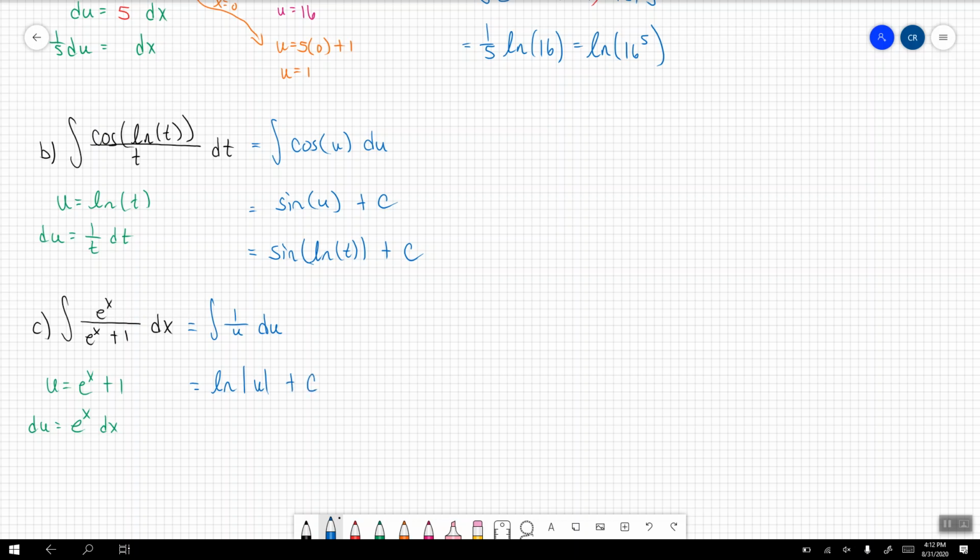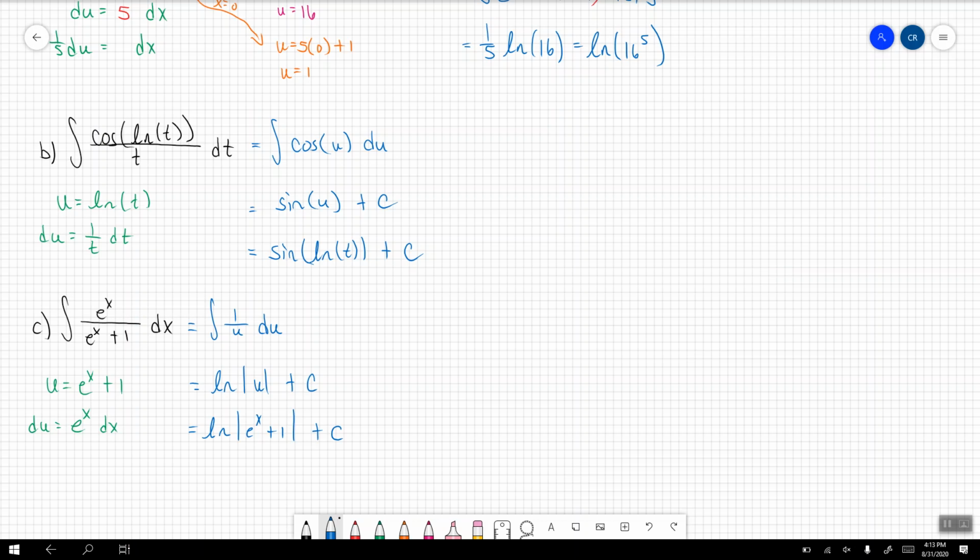And because it's an indefinite integral and I need to find the antiderivative, that means I need to input my initial substitution, which was e to the x plus 1, inside of my natural log plus c. Now you're going to notice that every time we make that back substitution, we always have to analyze that result, the expression inside that absolute value.